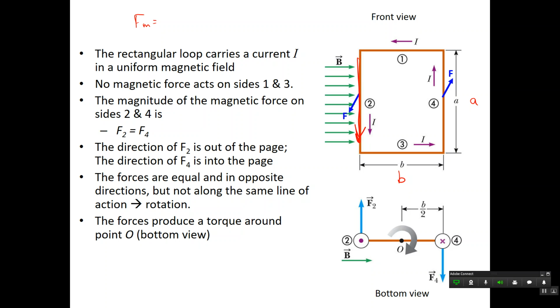Exactly. And here I have my current, because this is a loop, and the current goes like this, so I have my current going up and going that way. My force is going in which direction? In. Very good. So here I can draw my force. Here my forces are all coming out. Here my forces are all going in, so I draw them as x's.